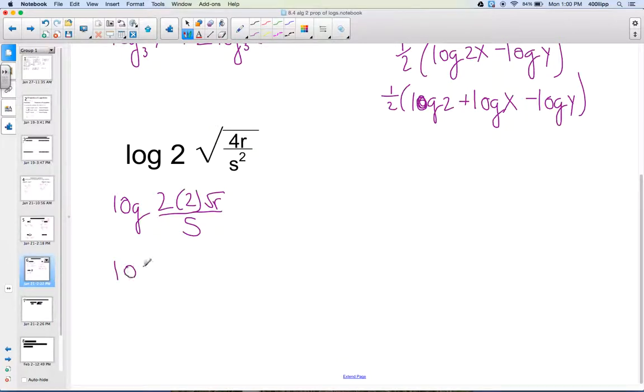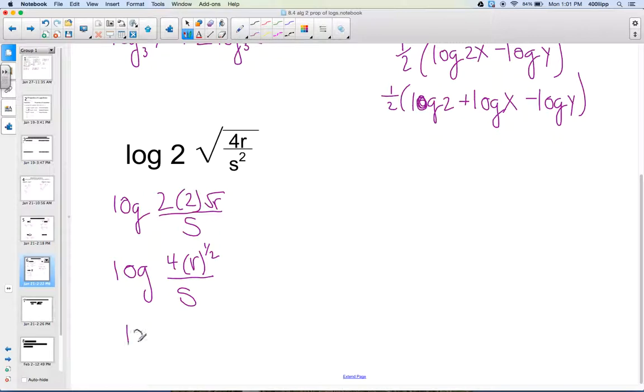So if we continue here, we'll have log of 2 times 2 is a 4. The square root of r is the same as r to the 1/2. And that's because I used my power is a 1 and my root is a 2.